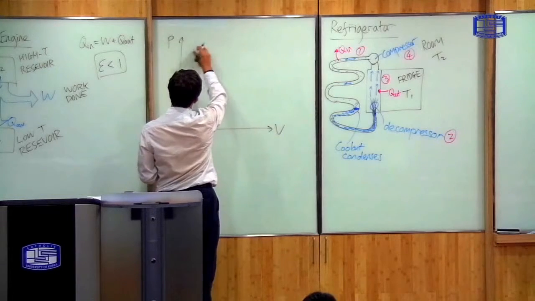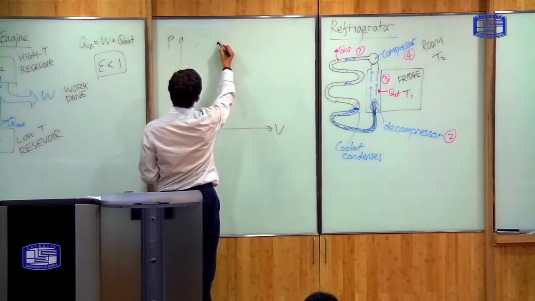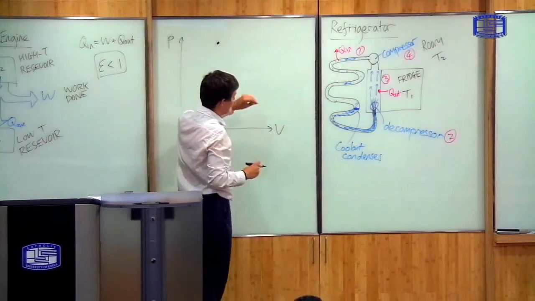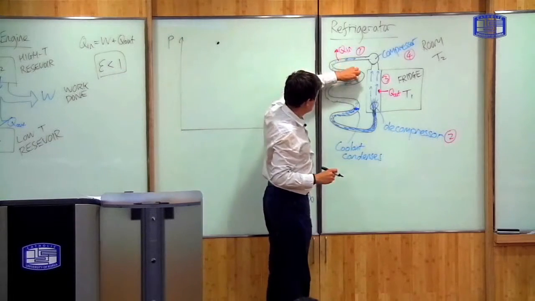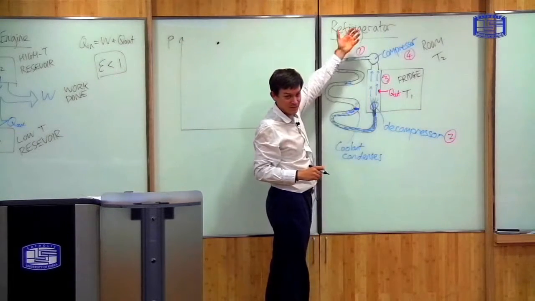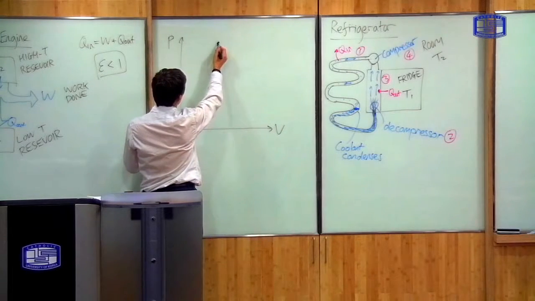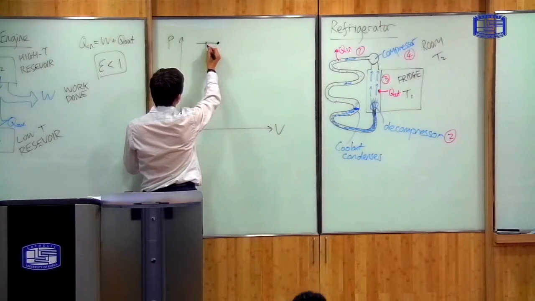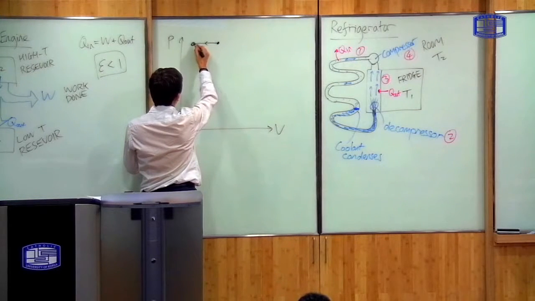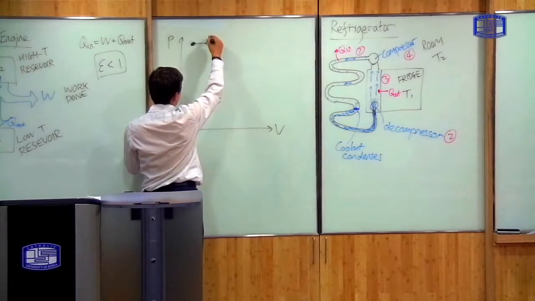So I need to make it somewhere here. Okay. Then, as it flows around here, it will cool down because heat is being taken out and going to the room. It does so at constant pressure, so it will move back something like this to a point somewhere here. So this is stage 1 of the cycle.